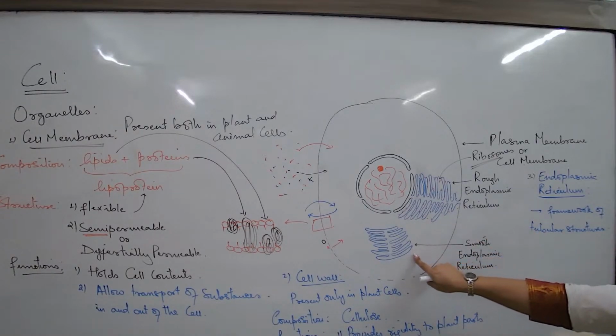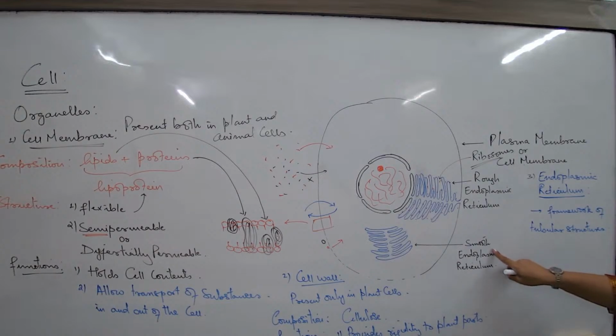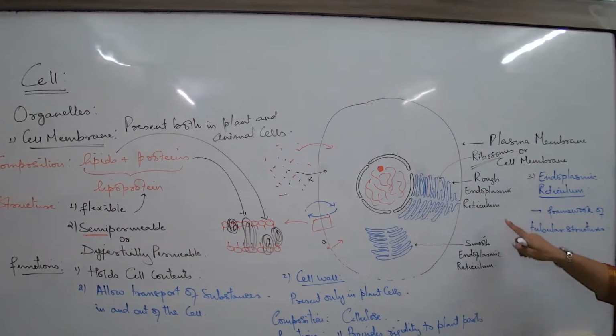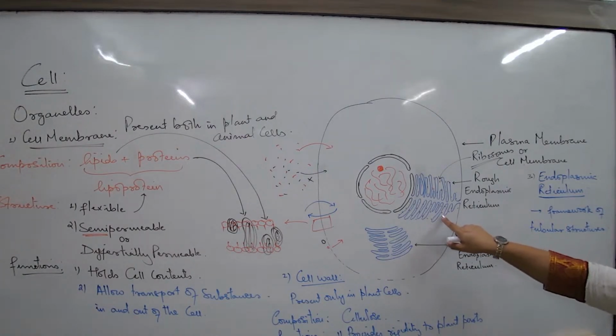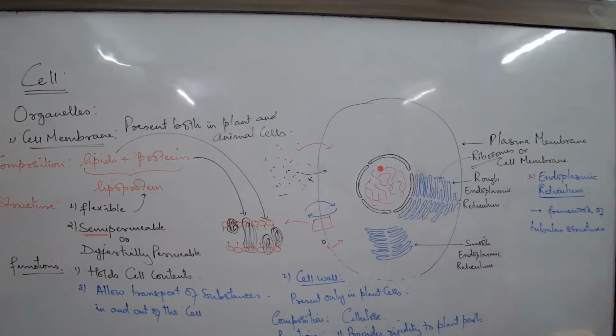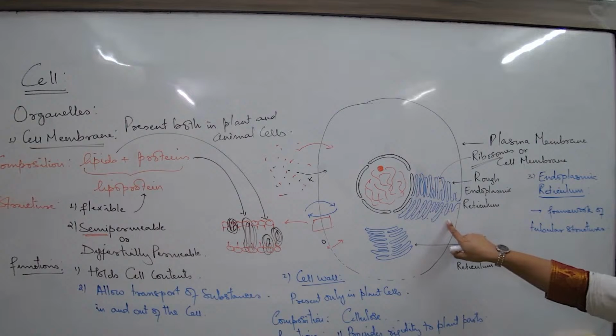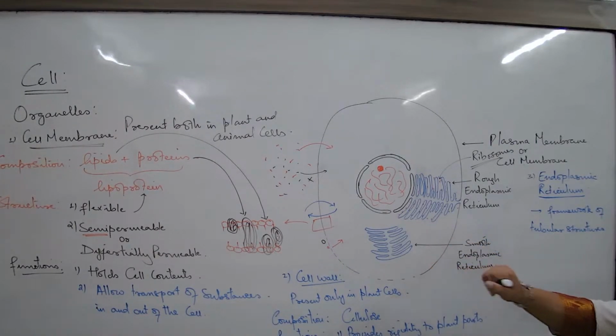If the tubular network does not have ribosomes attached, then we term it smooth endoplasmic reticulum. Where are they present? Are they present in the same type of cell? They are, but in certain cells, based on the function, the number of RER will be more, and in certain cells, based on the function, the number of SER can be more.